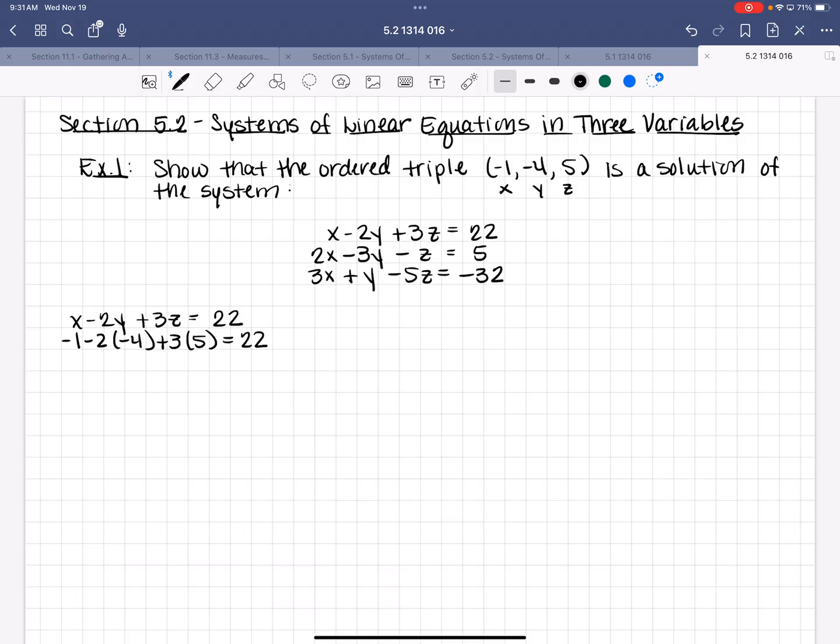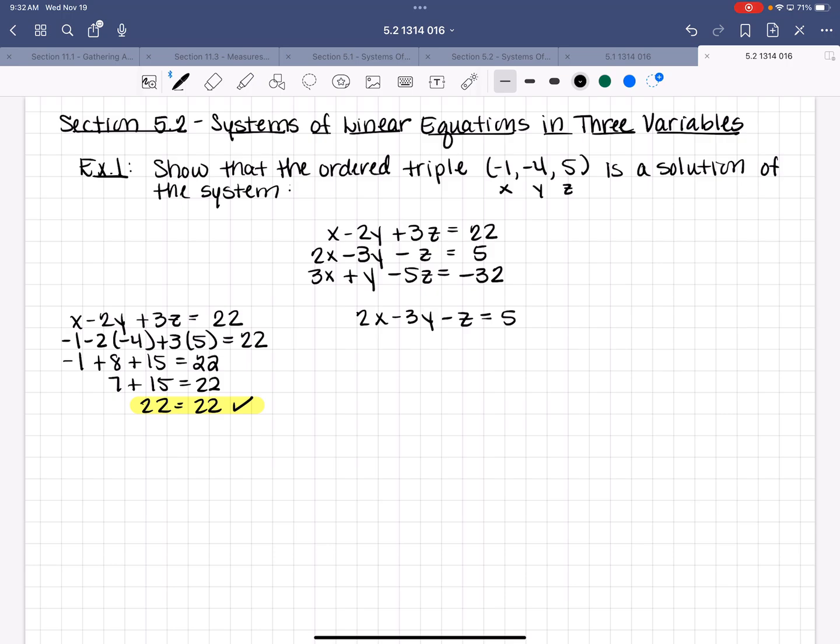That gives me -1 plus 8 plus 15 equals 22. Okay, that's going to wind up giving me 7 plus 15 equals 22, and it is true that 22 equals 22. So there's one check. All right, let's check the next one. 2X minus 3Y minus Z equals 5.